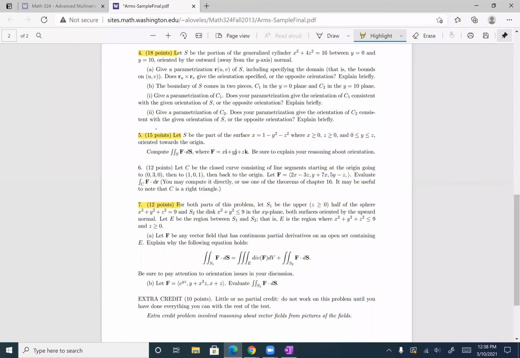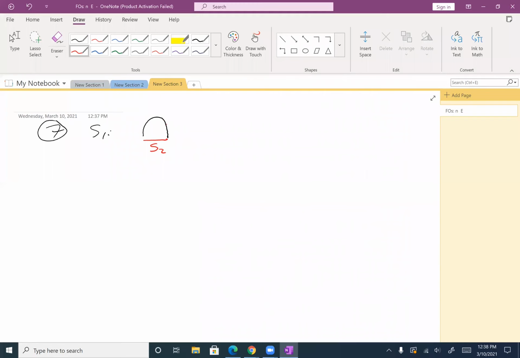So this is an important technical detail. Notice how it's not outward. So if we were using the outward orientation, it would look more like this. So notice the problem here is with S2.